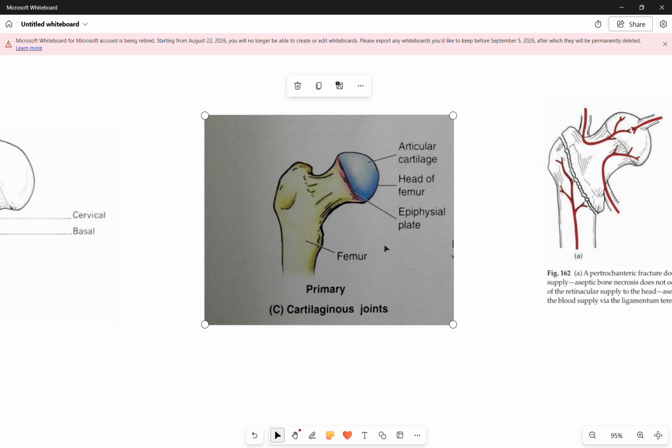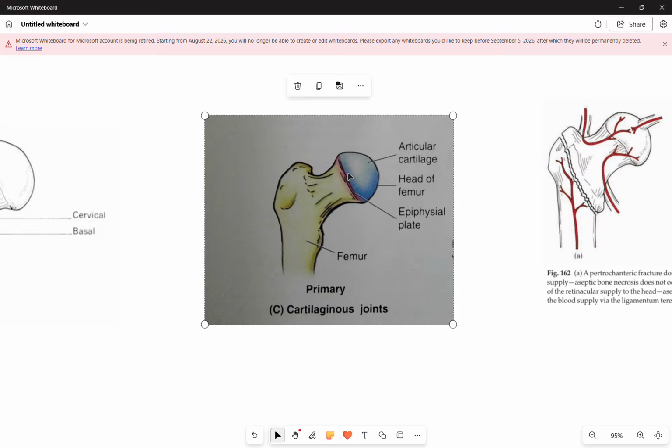So in the head, there can be a slip of the epiphyseal plate. And if this becomes disturbed, there may be compromised blood supply to the head.